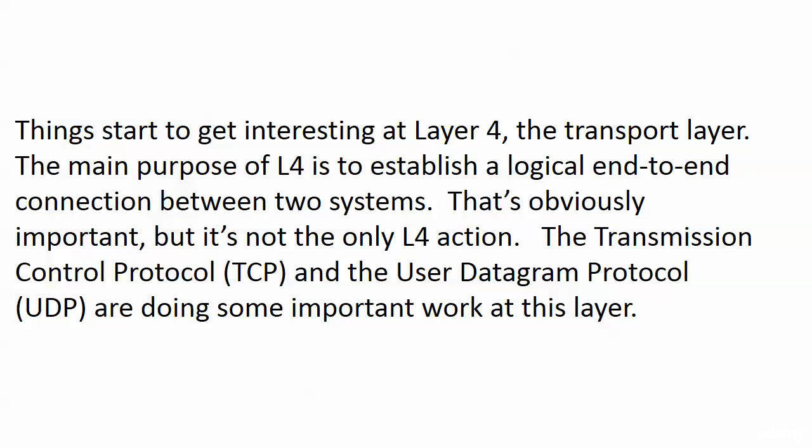Now things start to get interesting for us, the network admins, at L4, which is the transport layer. And the main purpose of L4 is to establish a logical end-to-end connection between 2 systems. Now, that's obviously pretty important, but it's definitely not the only layer 4 action going on. The TCP and UDP protocols, the transmission control protocol and the user datagram protocol, are doing some very important work at this layer.